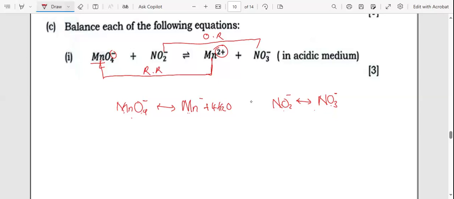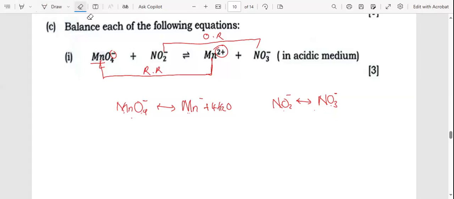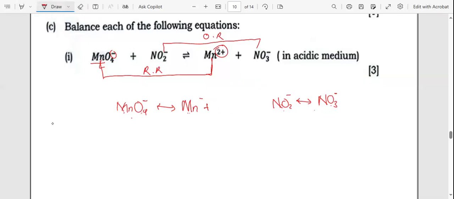Let me write this, please. Let me do it on the next stage so that I create a space. We add on the part where it's lacking. So we have Mn, oxygen, like that. The reaction is at equilibrium. We have 2 plus there.